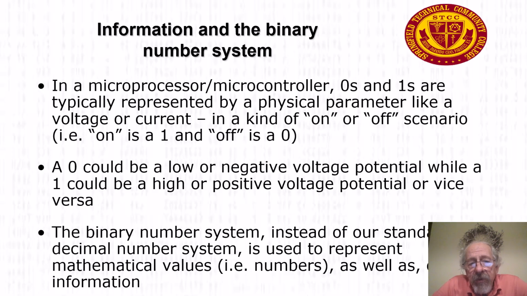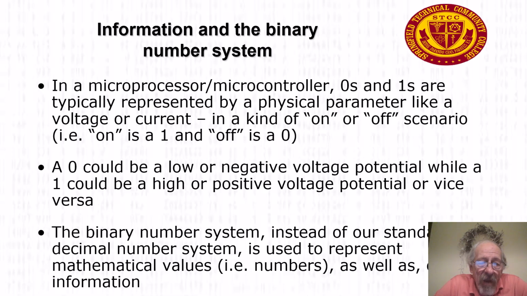So, the title of this slide is Information in the Binary Number System. In a microprocessor or microcontroller, zeros and ones are typically represented by a physical parameter like a voltage or current. In a kind of on or off scenario, for instance, on is a 1 and off is a 0.